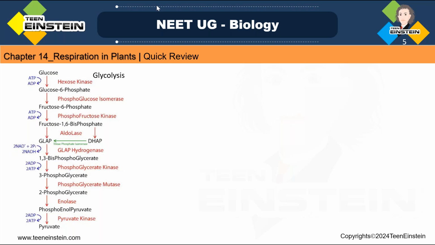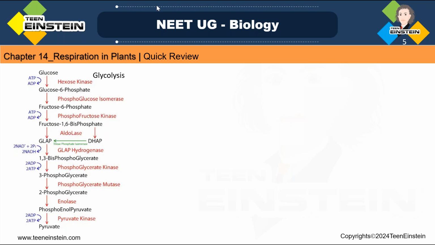Third one is cytochrome C reductase. Fourth one is cytochrome C oxidase. So these are the 4 complexes, and the fifth one we said couples with the electrons to generate ATP, right? These names are important.